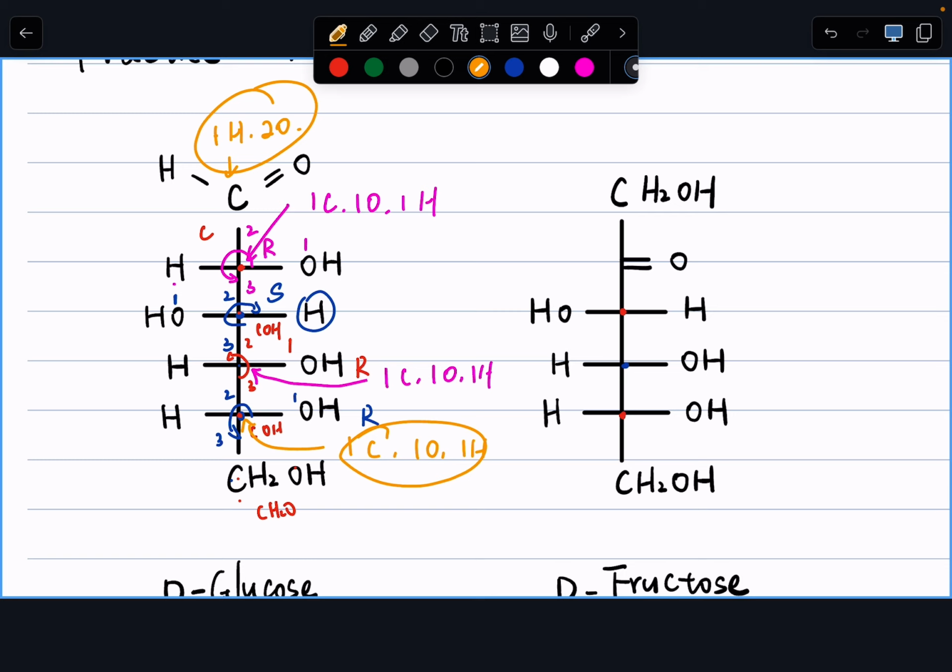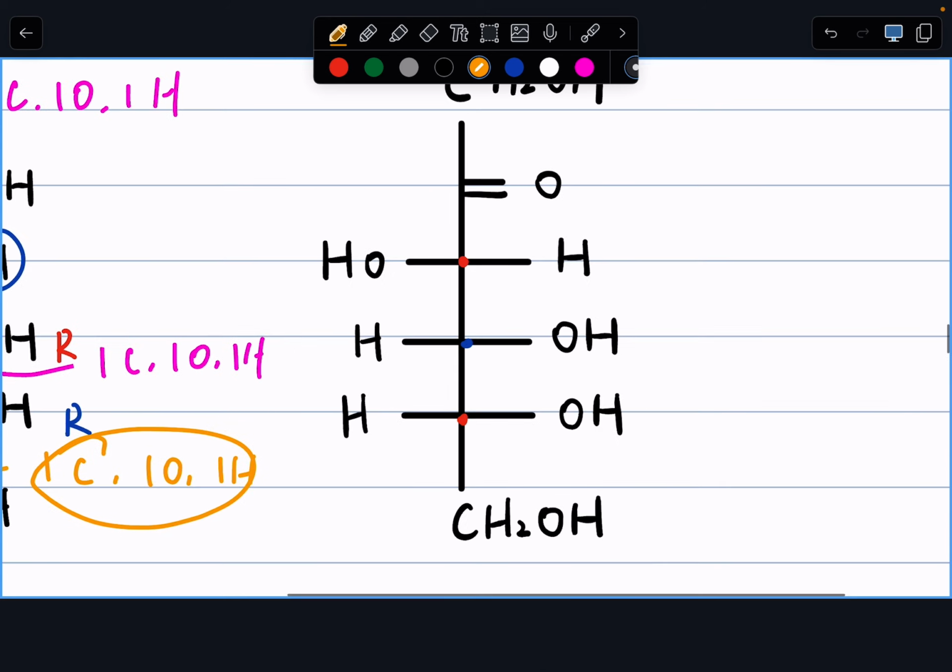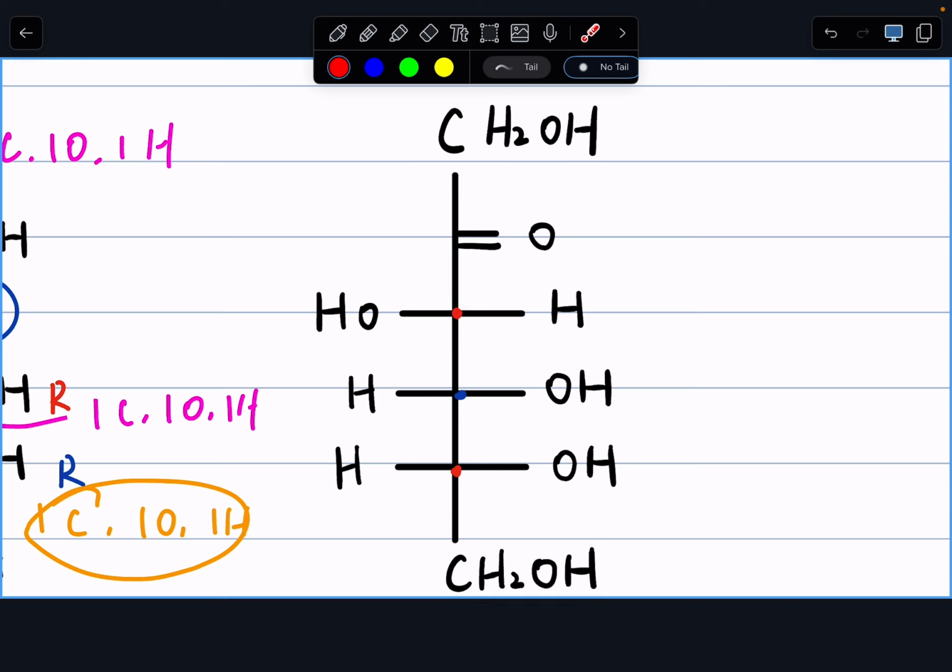And let's move on to D-fructose and do this again. Practice makes perfect. For D-fructose, it's the same idea. We draw it like this and start from the first one. This carbon has two oxygen, so that's 1, 2, 3. It's going clockwise, but hydrogen on the horizontal, this is S. Second one, we have 1, and then carbon, these two are the same.